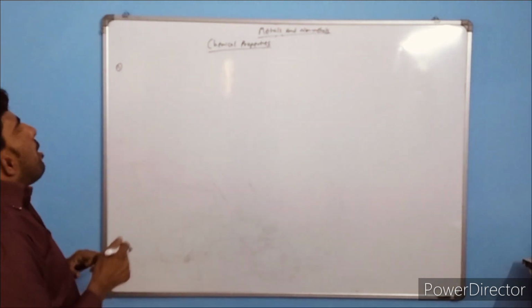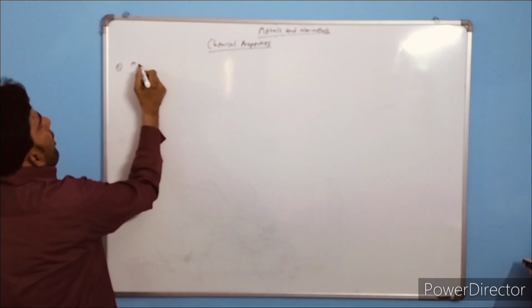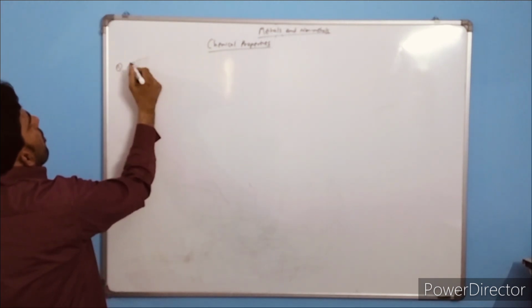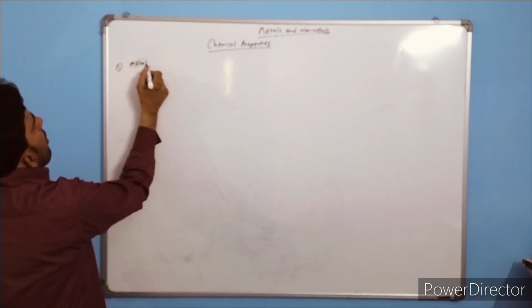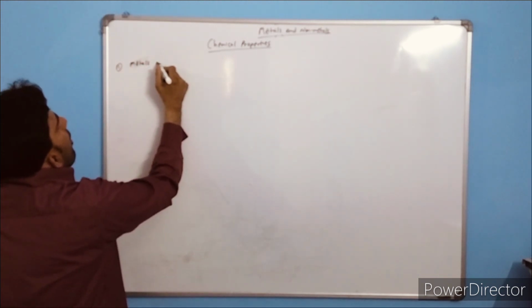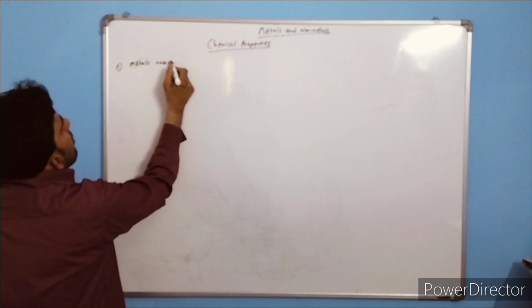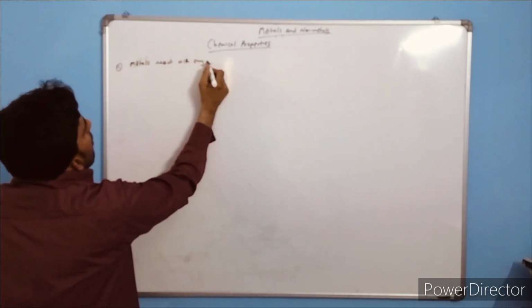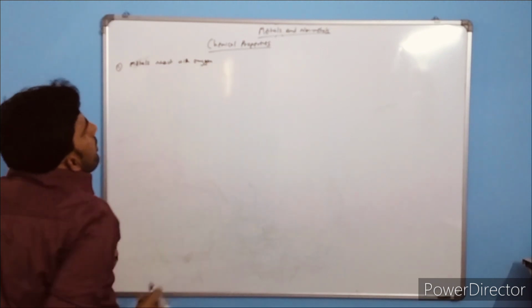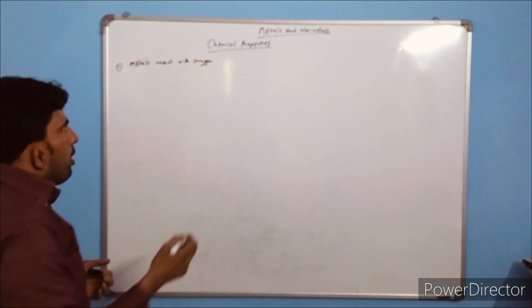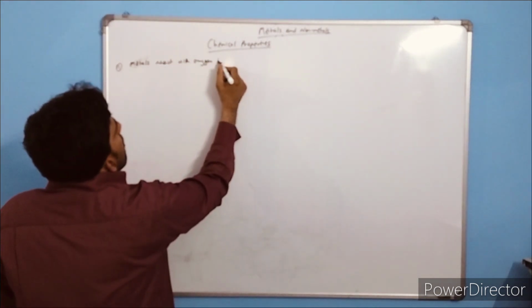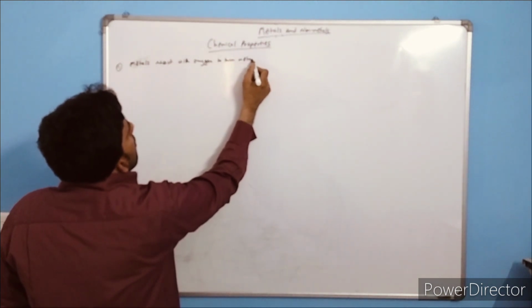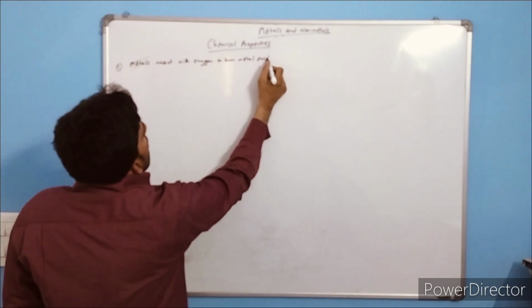What we can say about metals is that metals react with oxygen. Metals react with oxygen to form metal oxide.